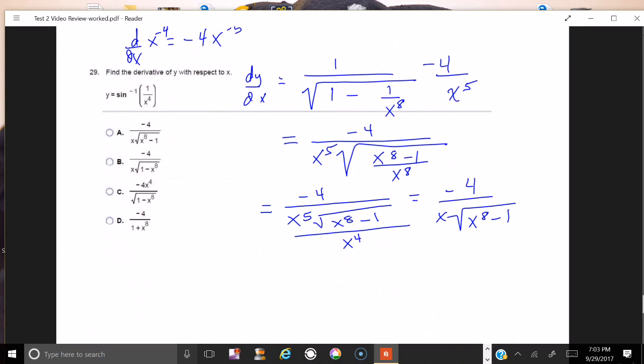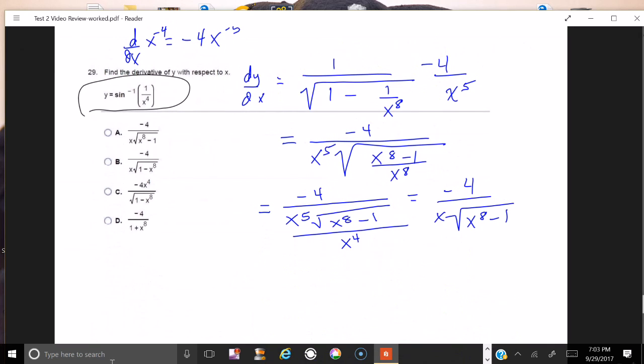Here again we have another inverse trig function. It's inverse sine of u, where u is 1 over x to the 4th. So dy/dx is 1 over the square root of 1 minus u squared. Well, u squared is 1 over x to the 8th.